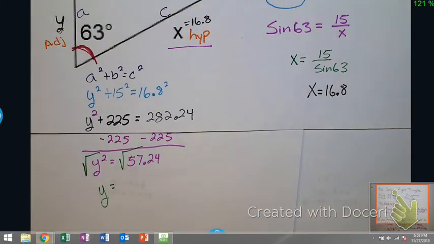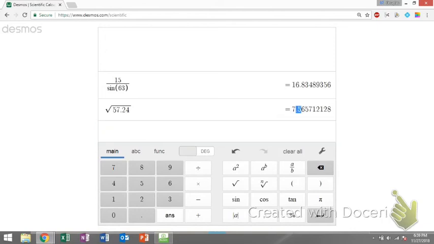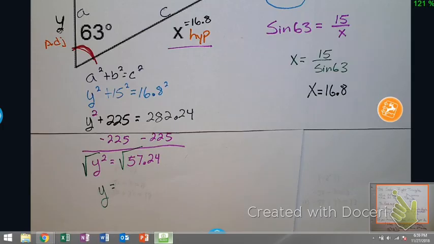Use our calculator for that. Square root of 57.24 equals 7.565712128. Let's round that to the nearest tenth. Our final answer for y is going to be 7.6.